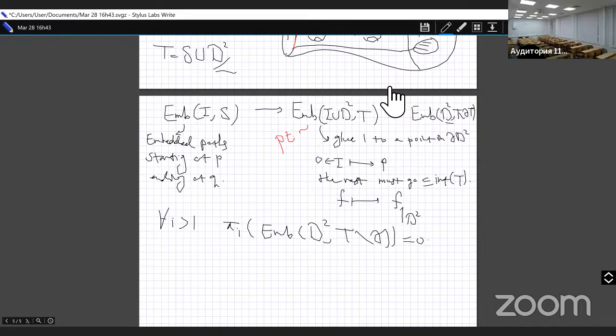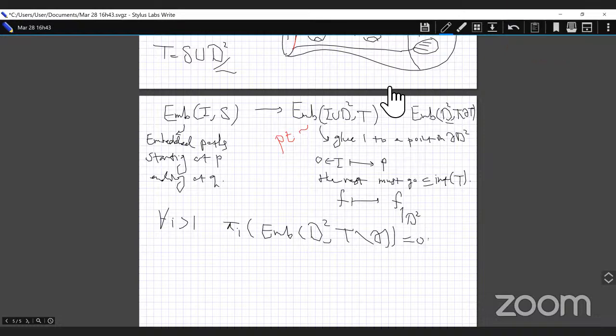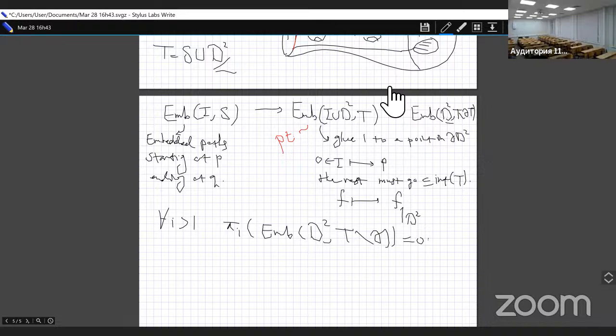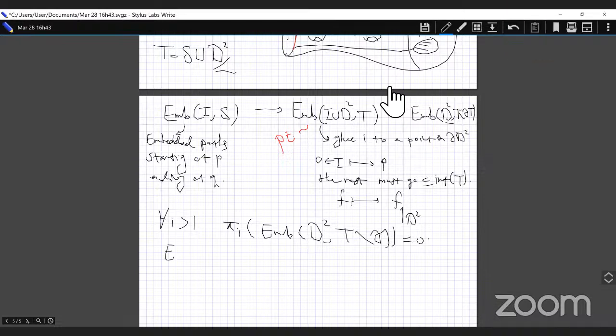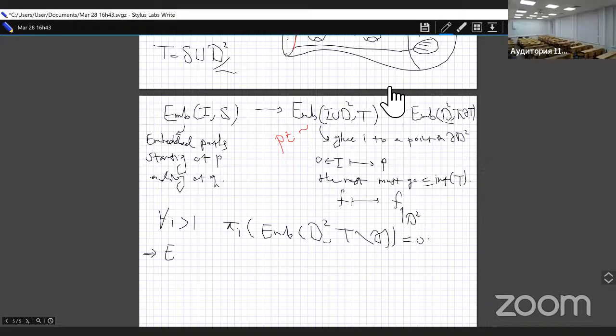The claim is, if I show that for I larger than 1, the pi I of this space are all 0, then we can see that for the fiber the higher ones, for I larger than 0, are trivial. So the path components are contractible. And one of the path components, that's fine. The embedding is just dimension shifting.